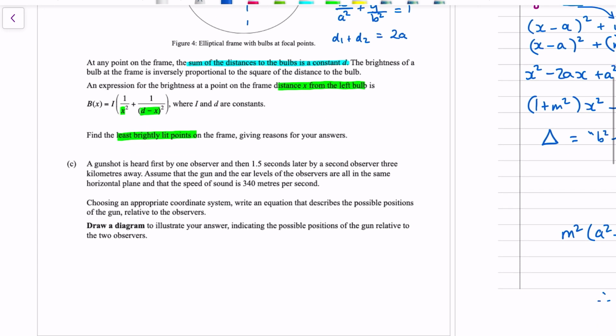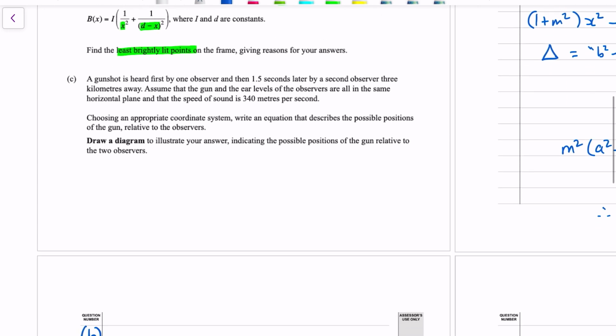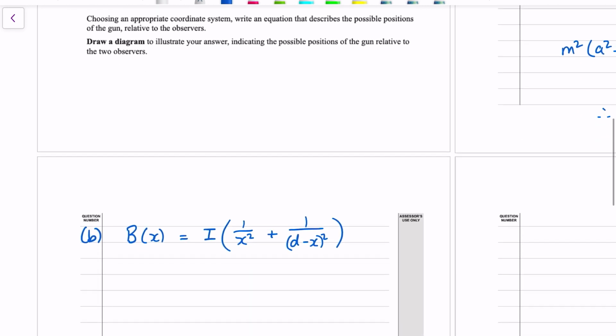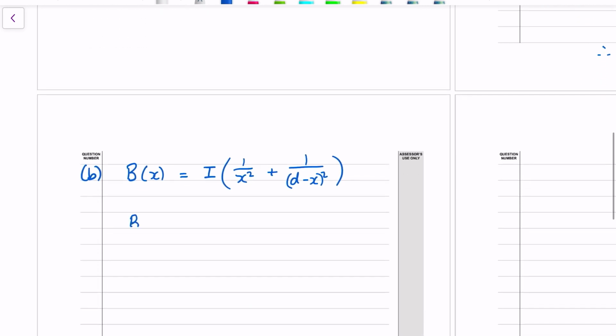So we just take our equation, brightness equals intensity times 1 over x squared plus 1 over d minus x all squared. We're told that I and d are both constants, which is cool because it means it's easy to differentiate. B dash, actually I'm going to write dB/dx just so I remind myself I'm differentiating with respect to x and not the other letters.